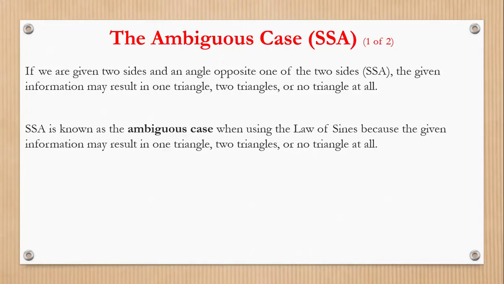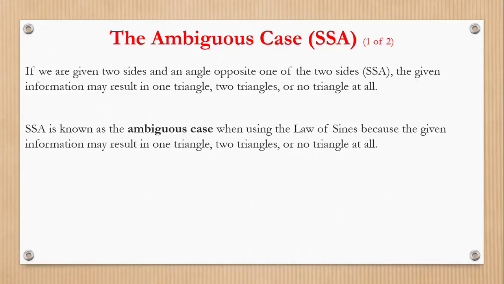But when we are solving this type of triangle, we usually end up with different results. Sometimes we may end up with only one triangle as a final answer. Sometimes we may get two triangles. Sometimes we may get no triangles at all with the information that's given to us.